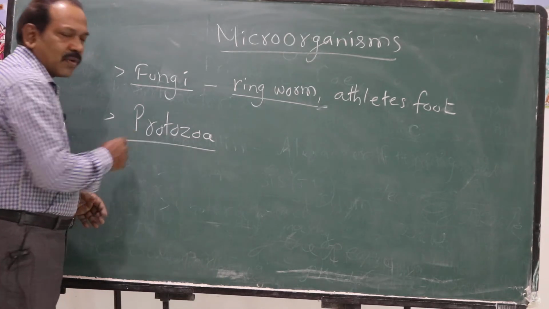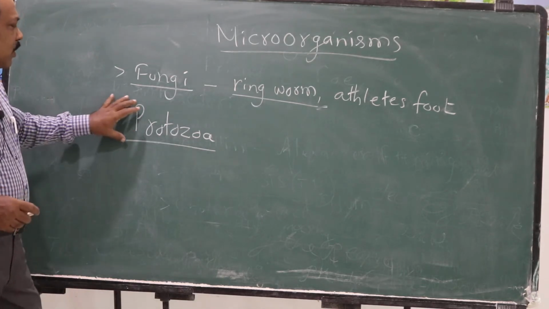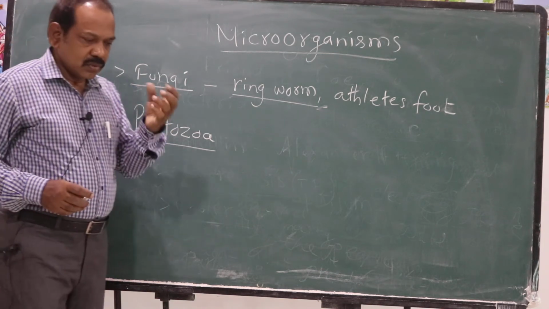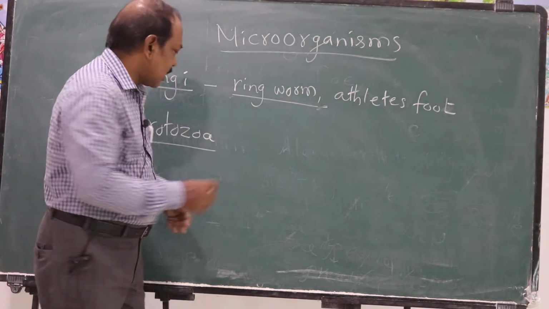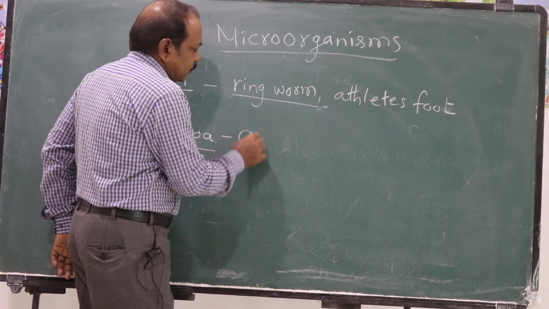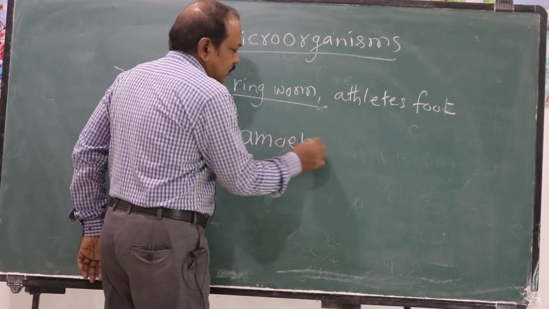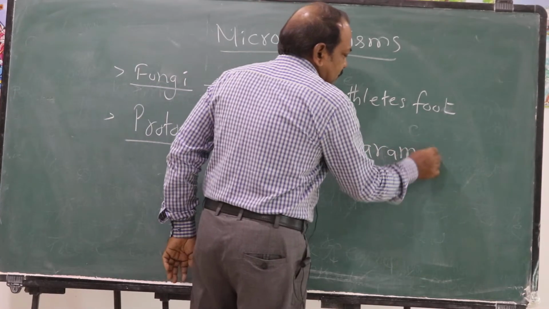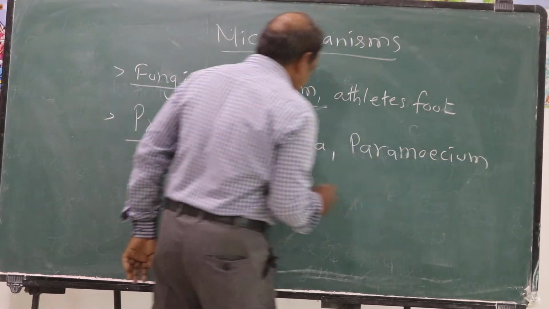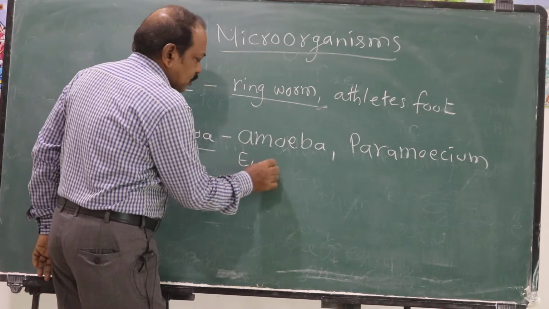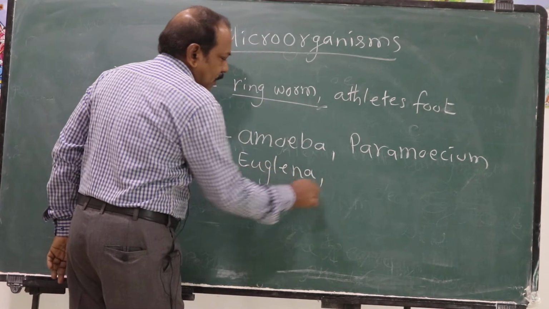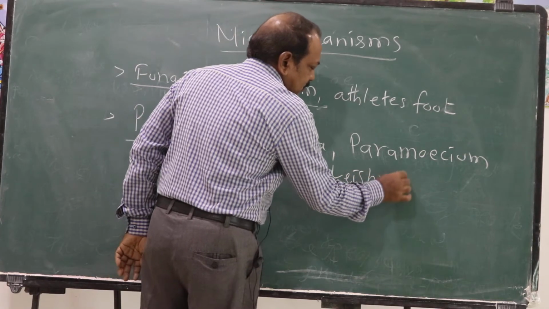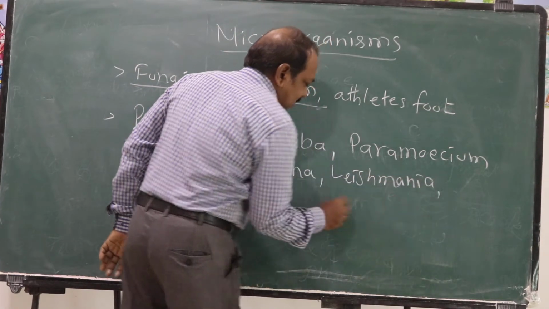The second type of microorganism we are going to discuss today is protozoa. These protozoans belong to a group, protozoa, like amoeba, a common protozoan most of you know. Paramecium, Euglena, Leishmania, Trypanosoma.